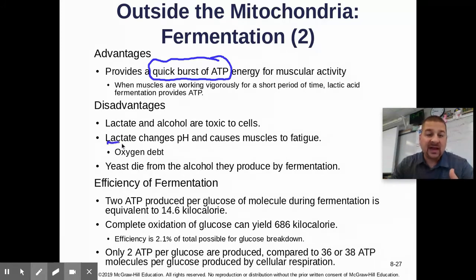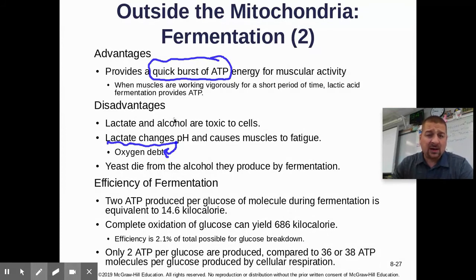Disadvantage, the lactic acid can build up if we do it too much, causing muscles to fatigue, to cramp up, not letting the muscle fibers relax, which causes oxygen debt, which some of you know, and then you're sore for a few days until that lactic acid is carried out of the muscles in the blood back to the liver, where it's made back into glucose or glycogen.